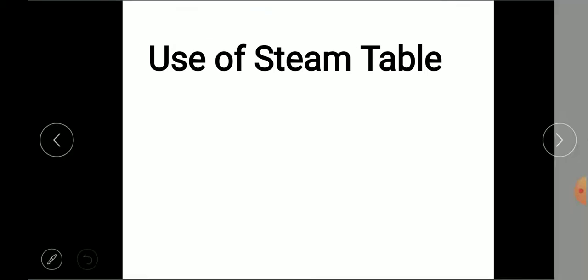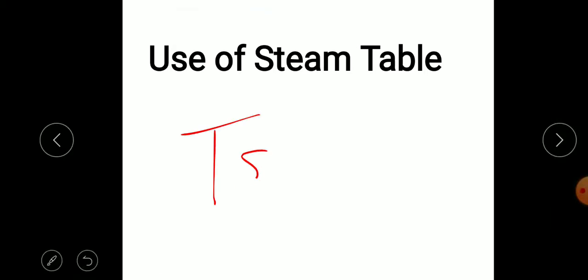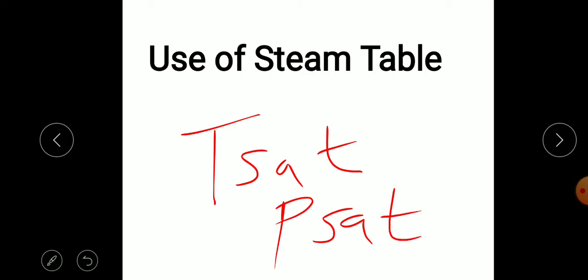So there are these two values we have to consider. One is the saturation temperature where the phase change occurs. Corresponding to the saturation temperature there is a pressure, the saturation pressure. So each saturation temperature has a corresponding saturation pressure.